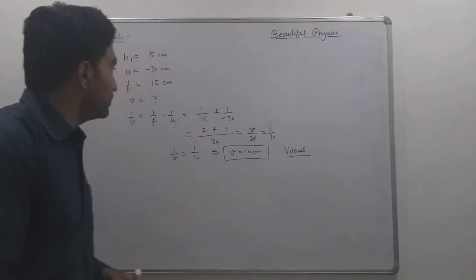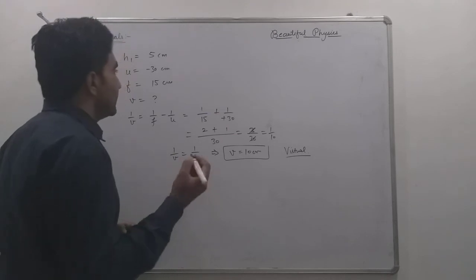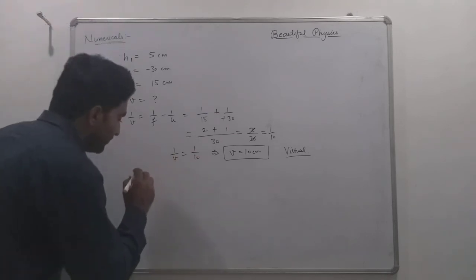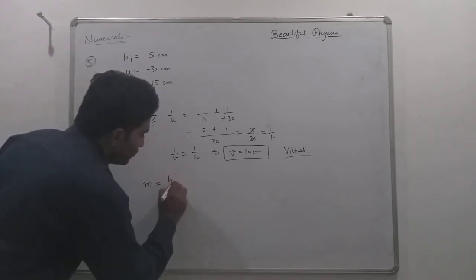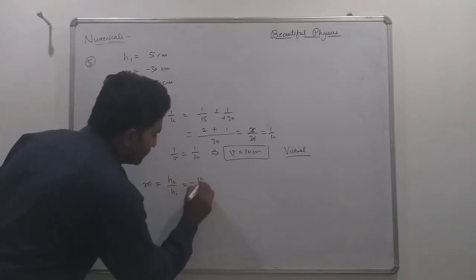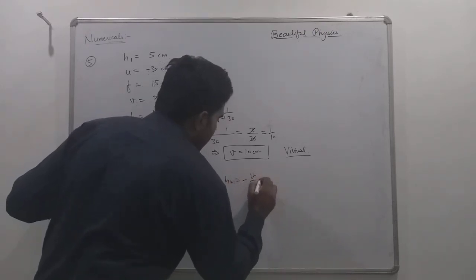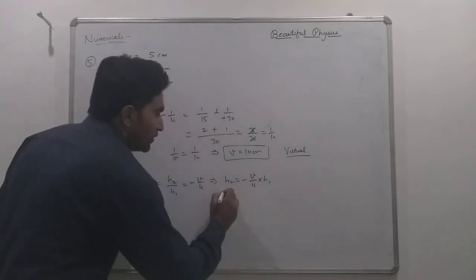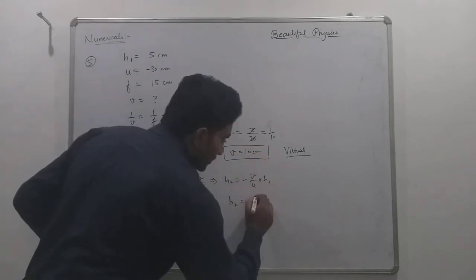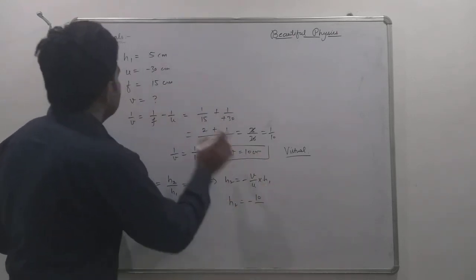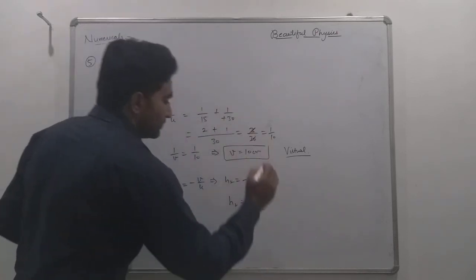We have to find the magnification also. Then m, the size of the image, will be equal to h2 by h1, which is equal to minus v by u, or h2 will be equal to minus v by u times h1. Let's put the values one by one. h2 will be equal to minus v, in place of v we will put 10, in place of u we will put minus 30, and in place of h1 we will put 5.